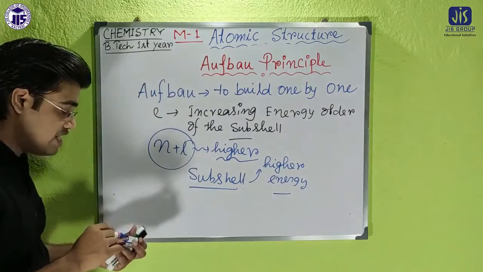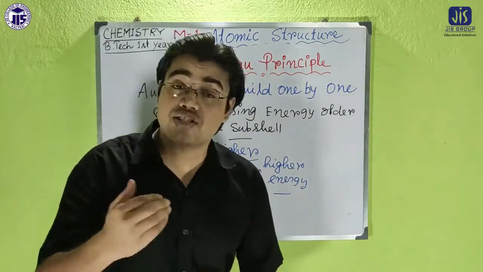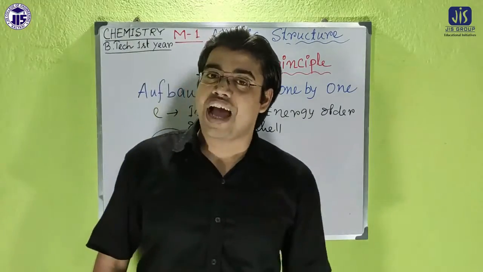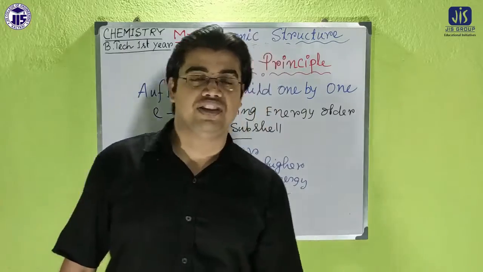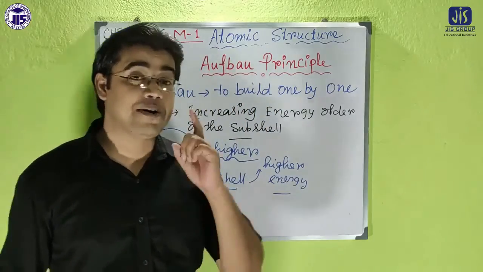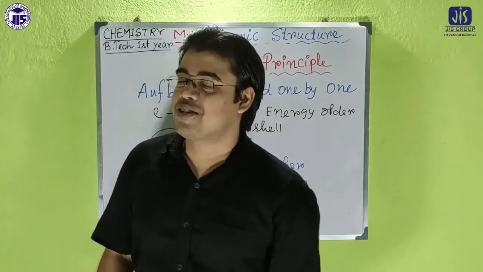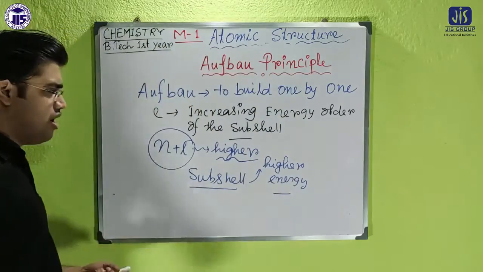So we have to check the n plus L value, that is, the sum of the principal quantum number and the azimuthal quantum number. Then only can we compare the energy order of the subshells one by one. I can give you one example.